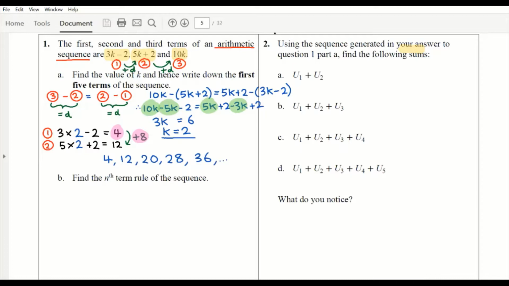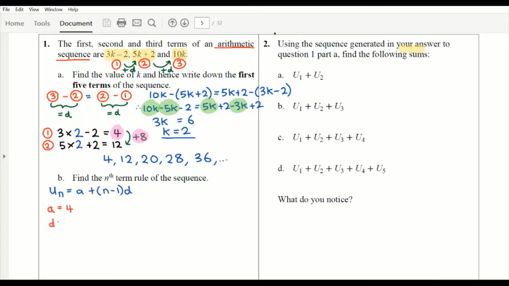Now, it asks for the nth term rule of the sequence. Well, we've written out the first 5 terms. We've got the A, we've got the D. Let's use the formula. So UN is, of course, A added to N subtract 1 multiplied by D. Let's just write down what our A and our D are. A is obviously 4.